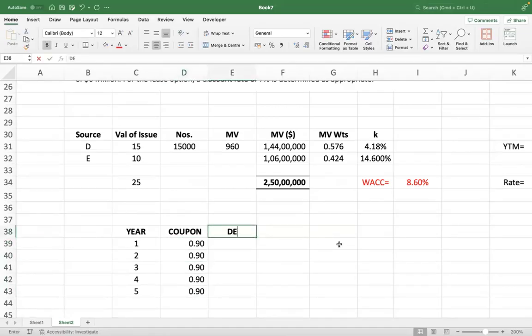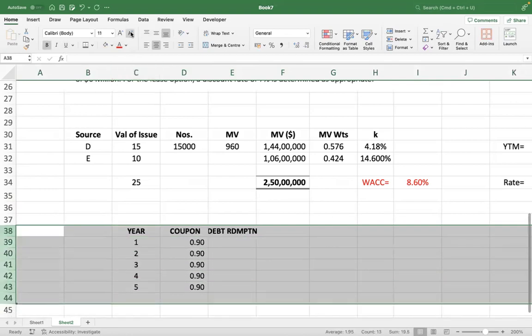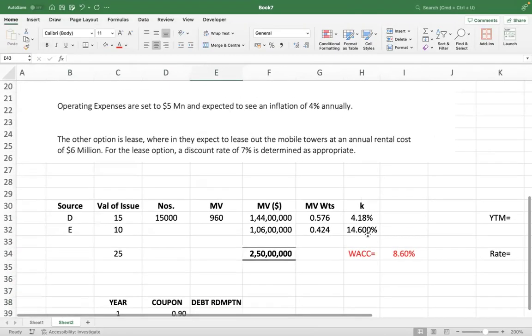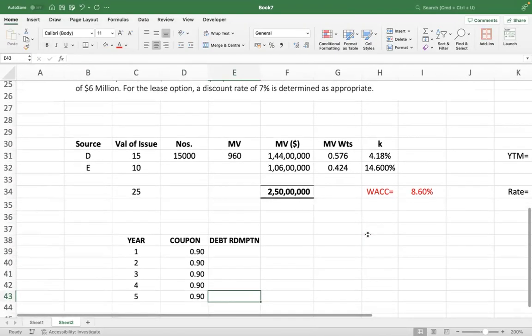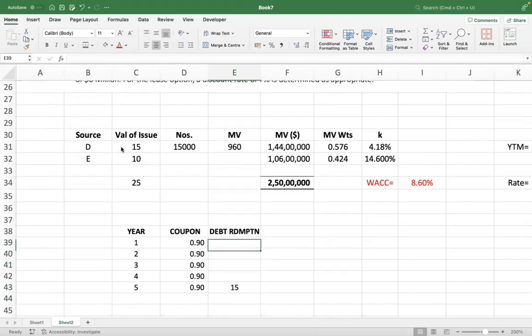Then you will have debt redemption also, because you'll have to redeem the bonds. These bonds mature after 5 years. Yes or no? So on the 5th year, you're going to pay the 15 million back. Correct? And you will have the OPEX.